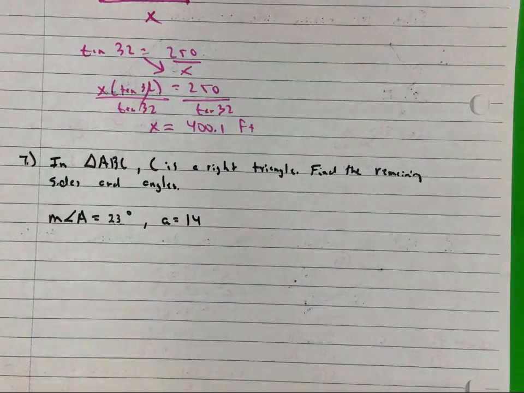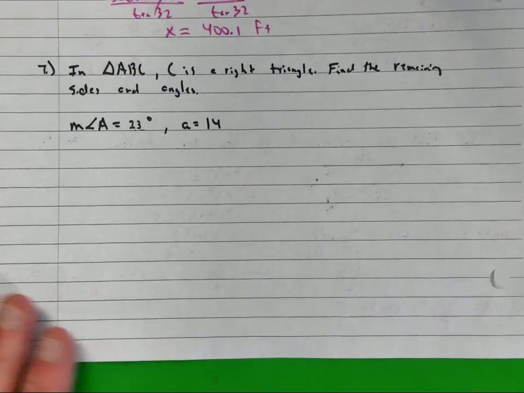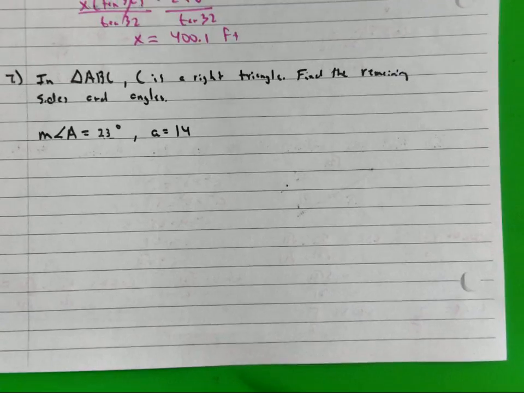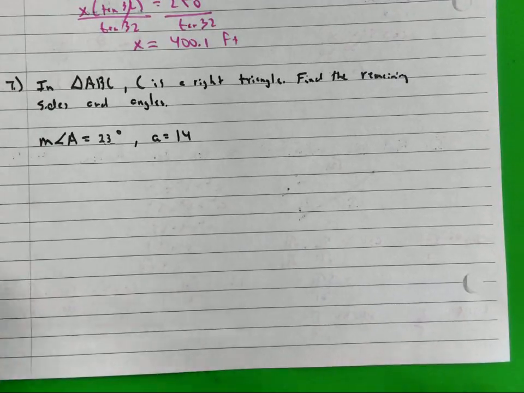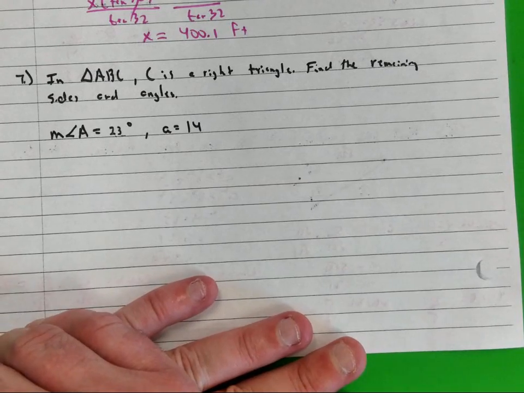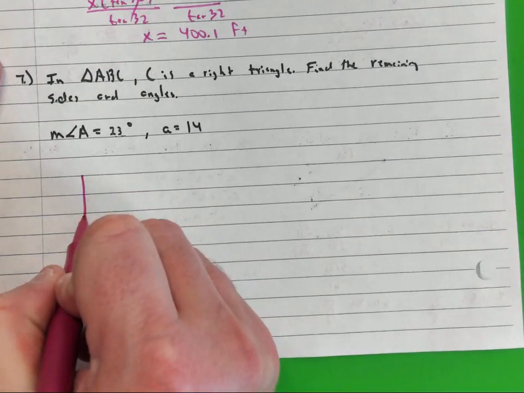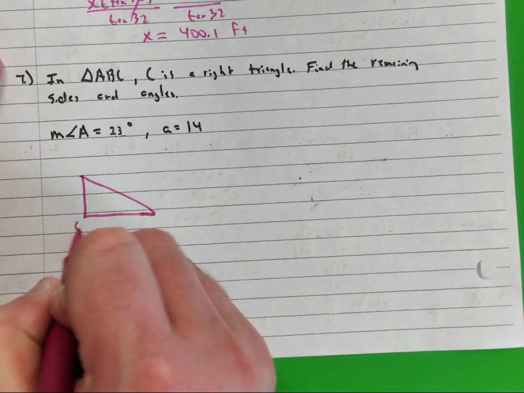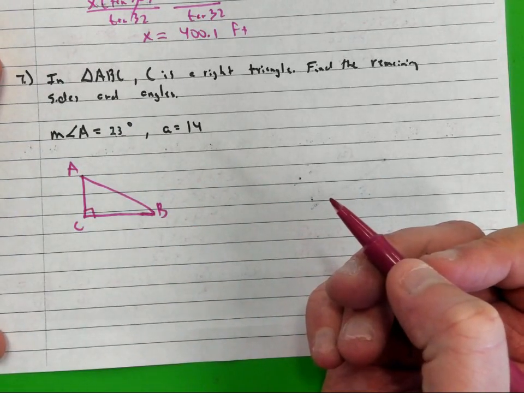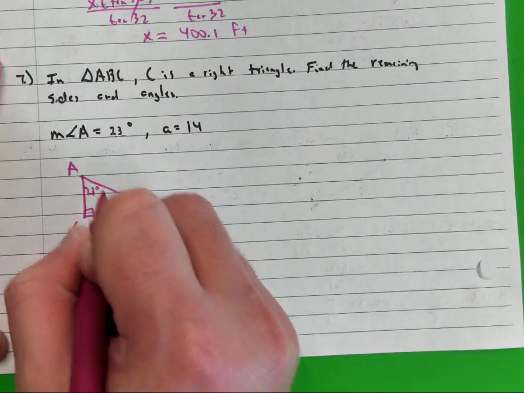All right, number 7. In triangle ABC, C is a right angle. Find the remaining sides and angles. Angle A is 23.